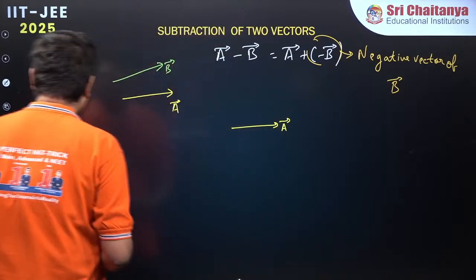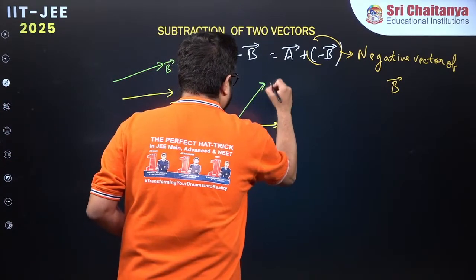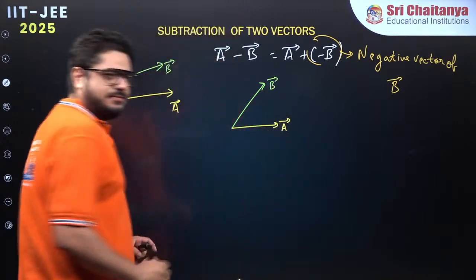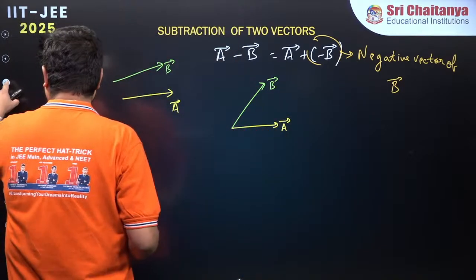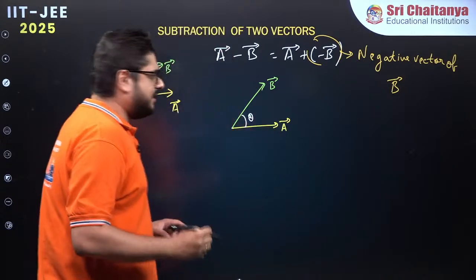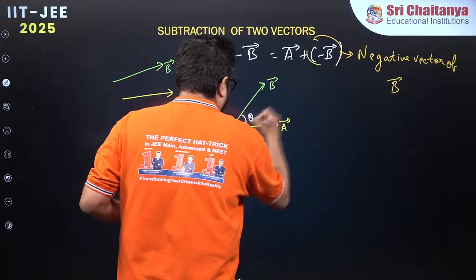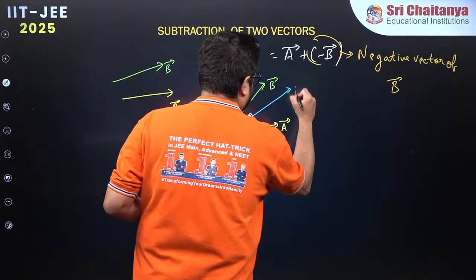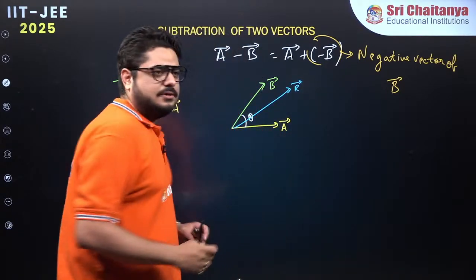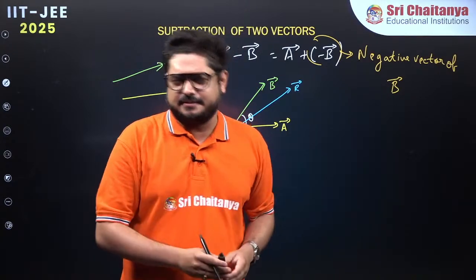Now you can recall that I joined the two tails. This was B vector itself. And we know that the angle between those two vectors was theta. And the resultant we got as C or R, which emerged from the tails of the two vectors at the point where both of them intersected, isn't it?